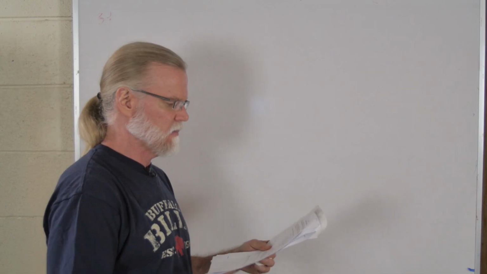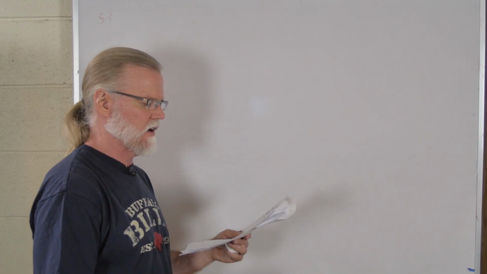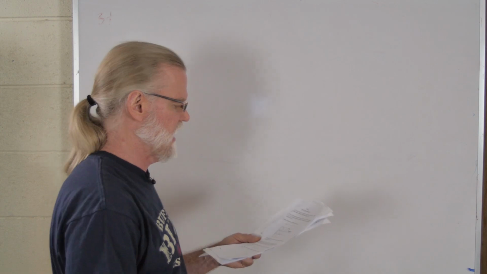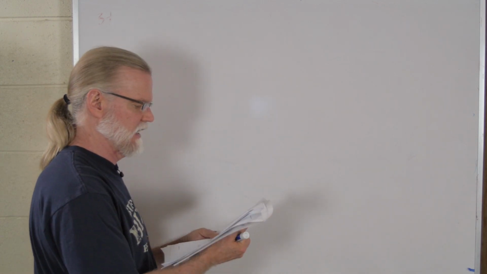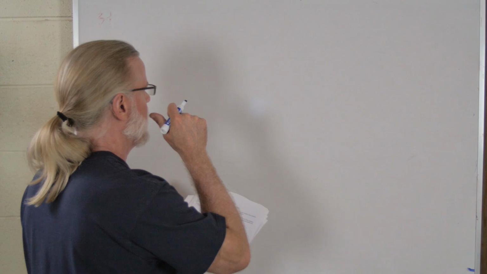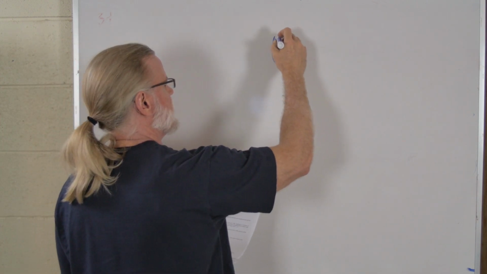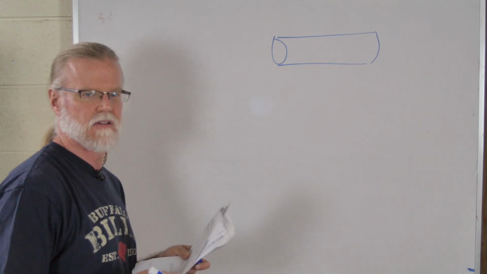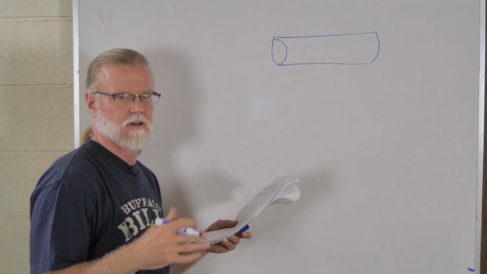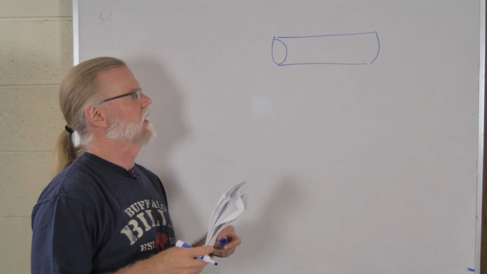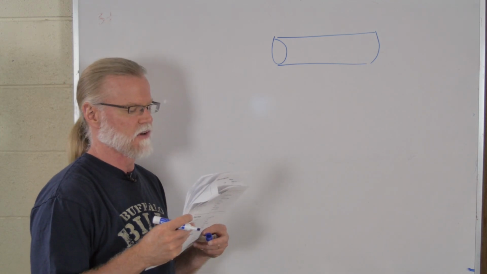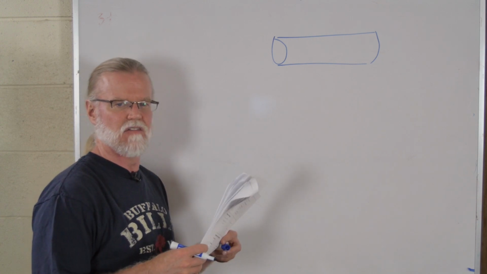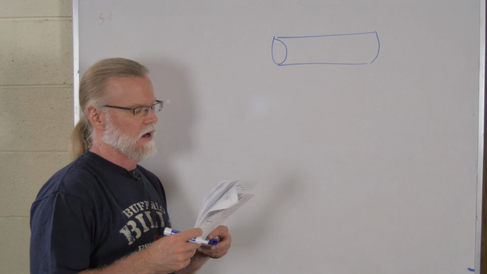A 25-meter length of platinum wire of cross-sectional area 3.5 times 10 to the minus 6 meters squared has a resistance of 0.757 ohm at 20 degrees C. Calculate the resistivity of the wire. Resistance, of course, is a measurement of how difficult it is to move electrons through a wire or some sort of conductor. Resistivity is a property of a material, like a metal such as copper.